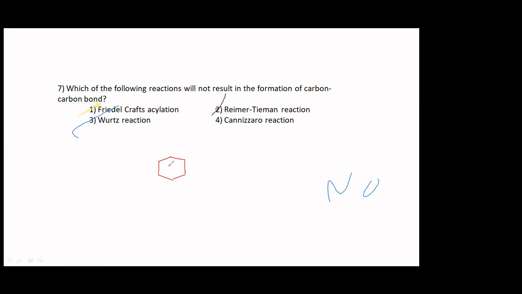You have to write the reaction and see. Phenol reacts with CHCl3 in basic medium. Option 4, the Cannizzaro reaction. Self-oxidation reduction happens in those aldehydes which do not contain any alpha hydrogen, isn't it? So here you will get OH and then CH2.